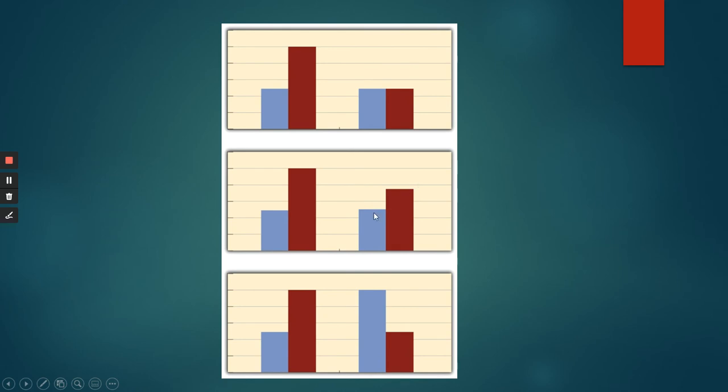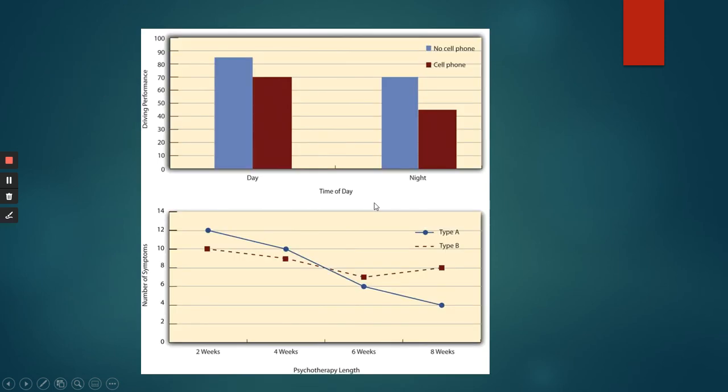For both of them, red's higher than blue. But there's probably an interaction in that this condition, this level, the difference is much higher between those two. Whereas at this level, the difference is much lower. And this is kind of what we were talking about just now. This would be a spreading interaction right here.